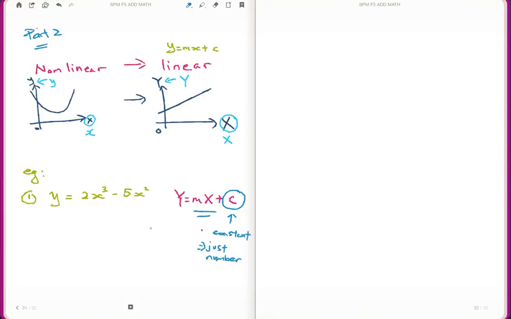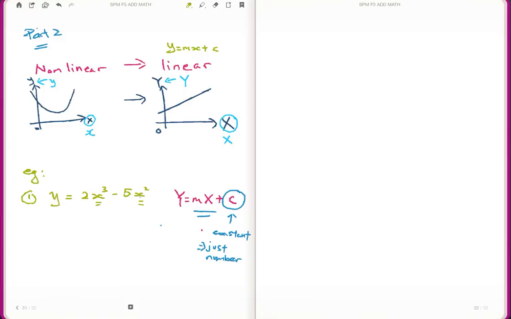Now, if you examine carefully, on the left is x cubed, x squared. Which one should be made to be the constant? It depends on the question.